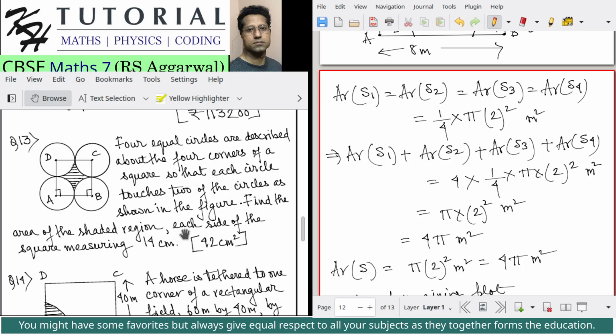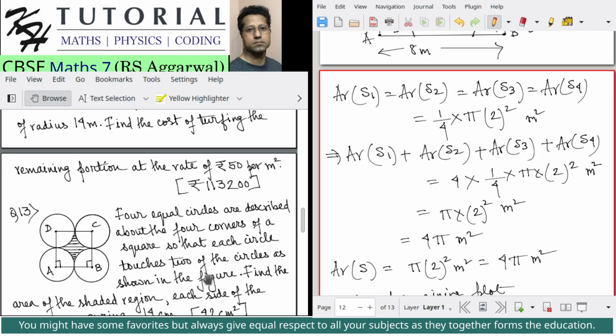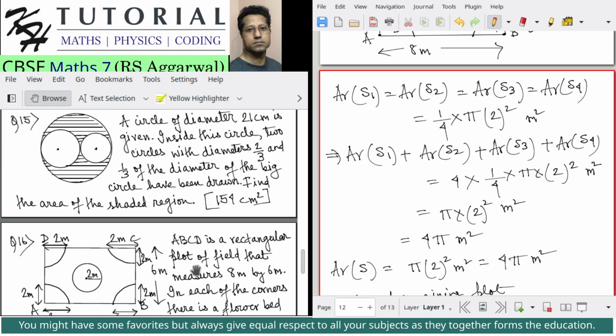Before solving the problems of the next exercise, so this was exercise 20F, before solving the problems of exercise 20G, which is objective questions, I will try to come up with more example problems on finding the area of the shaded region, or this kind of problem that has figures and circles inside at the corners of a rectangle or inside a rectangle or quadrants.